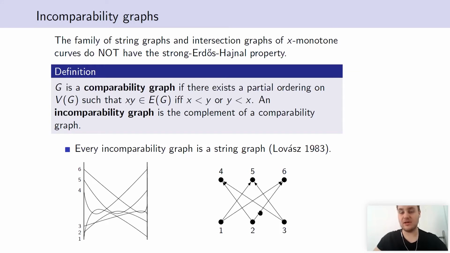So here I draw that 2 is less than 4. Okay, and so we see that if we have such an intersection graph, this is an incomparability graph, and what Lovász proved is the converse. So if we have an incomparability graph, it can be realized as the intersection graph of such special curves.